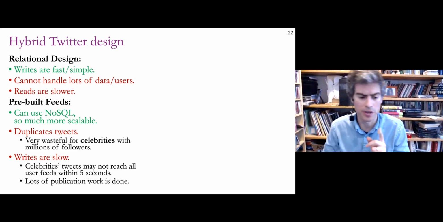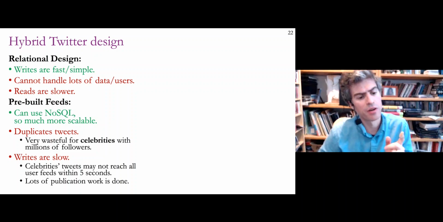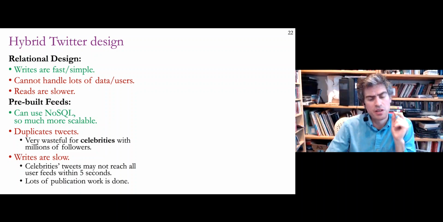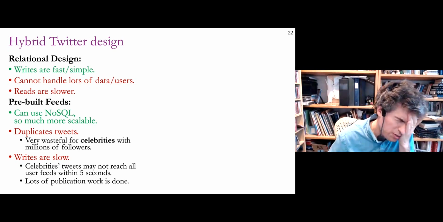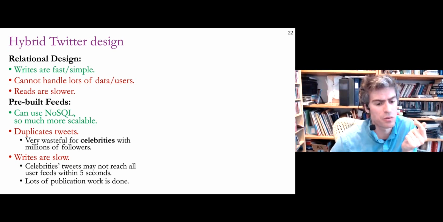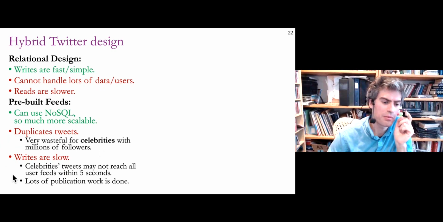But there still is a problem here. Even if we allow it to happen in the background, we don't want tweets for celebrities to take a really long time in the background while millions of entries are being updated. And we also don't want to do all that work if we don't have to, right? So for celebrities, we're wasting a lot of space, and we have slow updates.